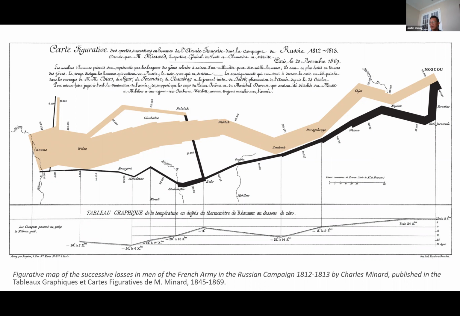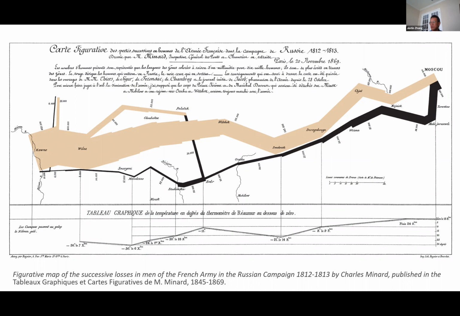So you see the size of the bar represents the number of troops during the invasion. The troops started with 420,000 soldiers. The light color shows advance into Moscow. And then the black line shows the retreat home. During the retreat, the temperature is also plotted on the bottom of the chart with some specific scale.